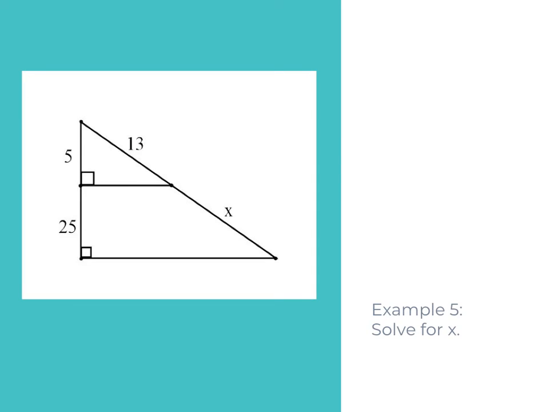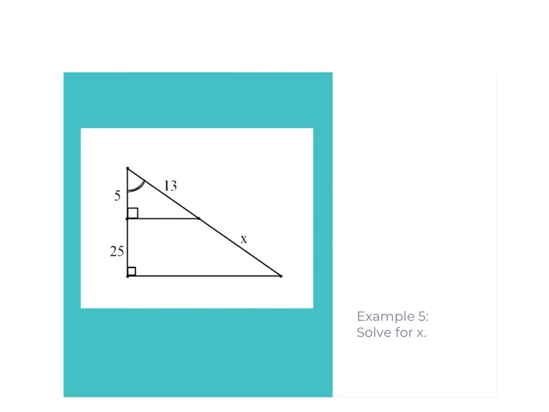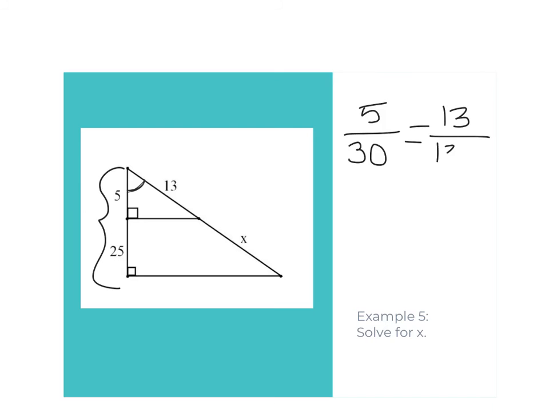All right, on this one, we're asked to solve for x. Again, I already have that right angle, and they share this angle, so I can use angle, angle, angle to make sure that they are similar. 5, remembering we're using the entire side, 30, will be the same thing as 13 to 13 plus x. 13 times 30 will be 390.